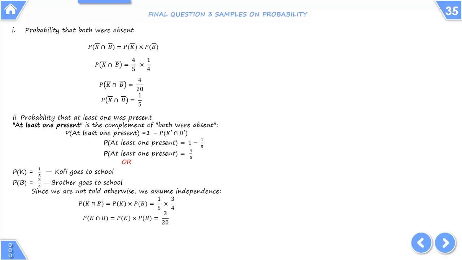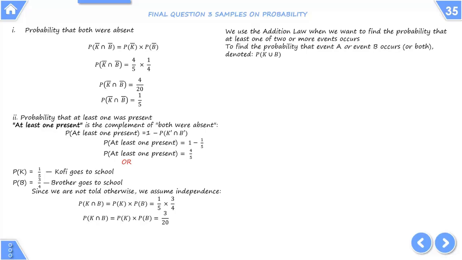That is 3 out of 20, right? And we use the addition law when we want to find the probability that at least one of two or more events occurs. To find the probability that event A or event B occurs, it denotes P of Kofi union B, or Kofi union his brother, or K union B, right?